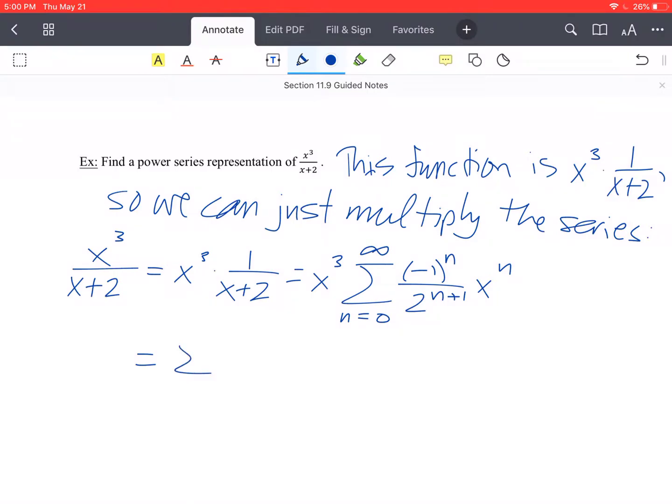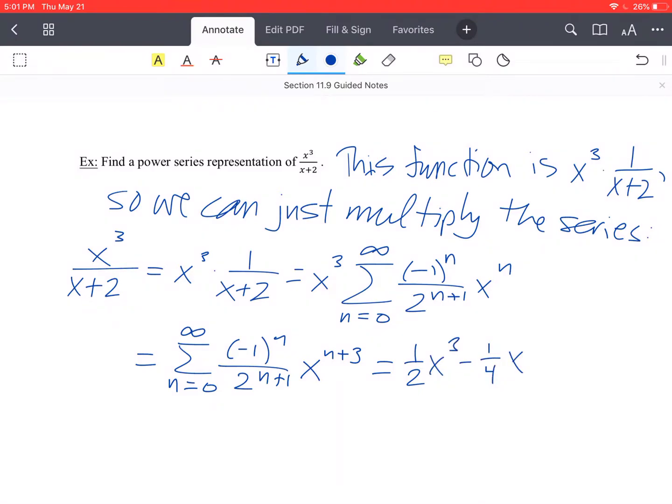So we have the sum n going from 0 to infinity of negative 1 to the n over 2 to the n plus 1 times x to the n plus 3, okay, which we could write out a few terms. That would give us 1/2 x cubed minus 1/4 x to the 4th plus 1/8 x to the 5th minus 1/16 x to the 6th plus etc., etc.